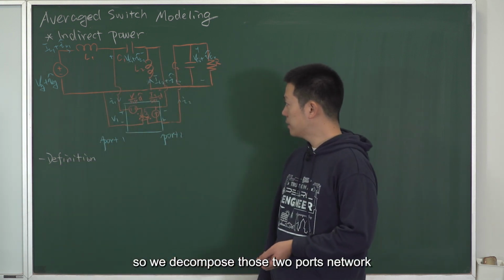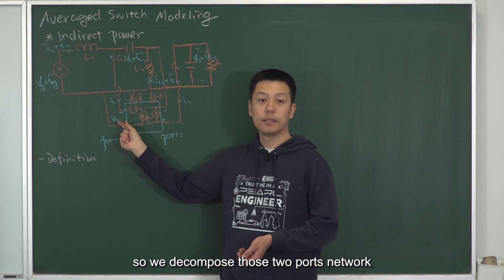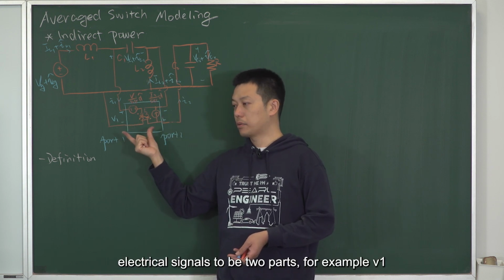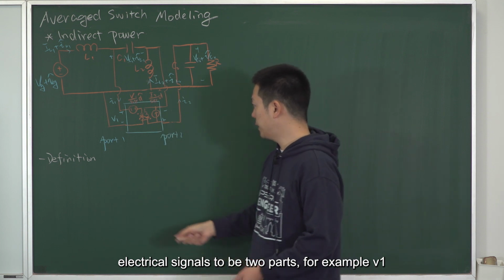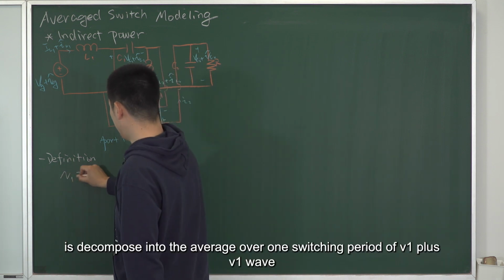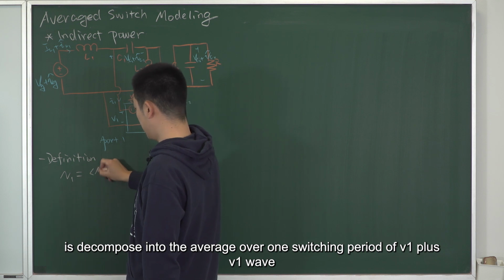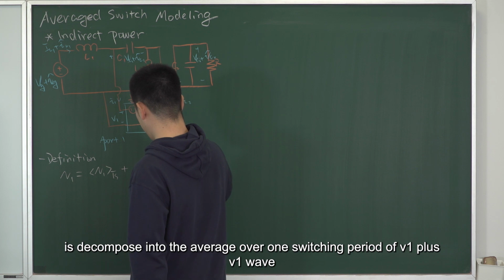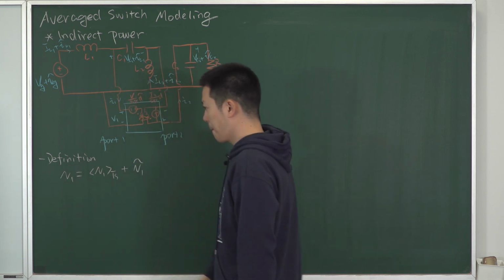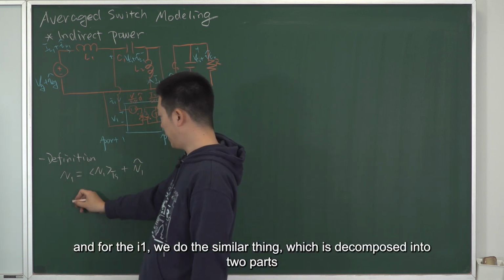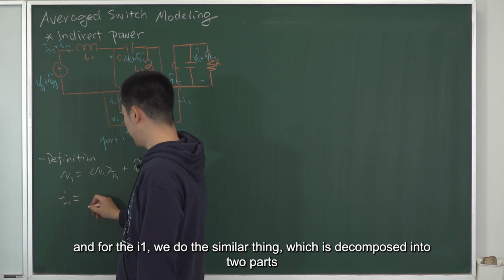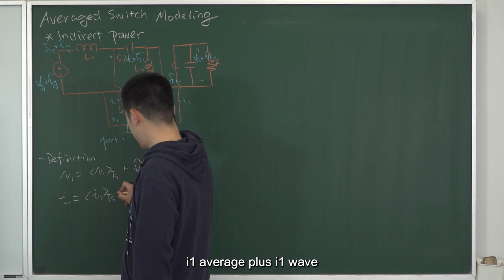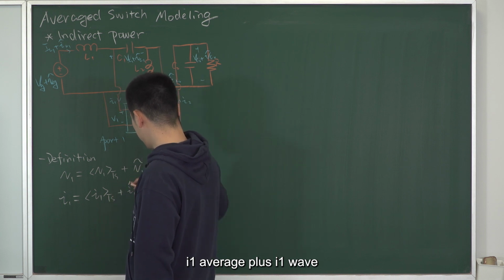So we decompose those two-port network electrical signals to be two parts. For example, V1 is decomposed into the average over one switching period of V1 plus V1 wave. And for the I1, we do the similar thing.